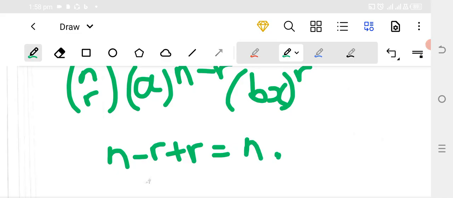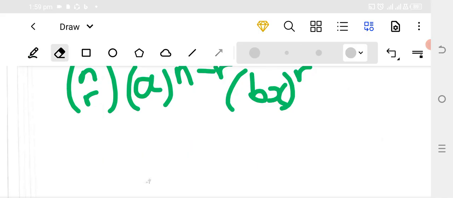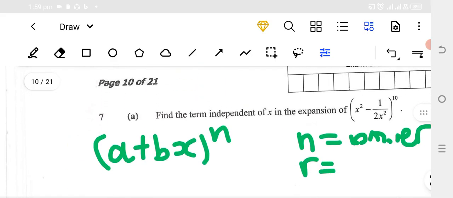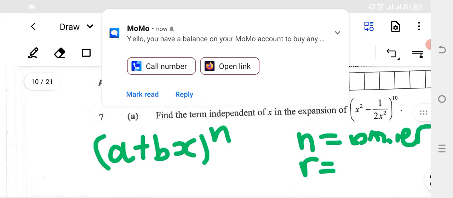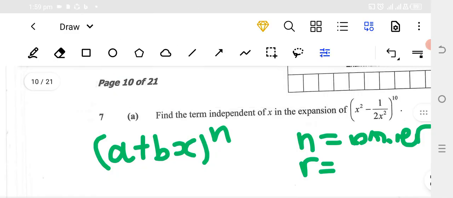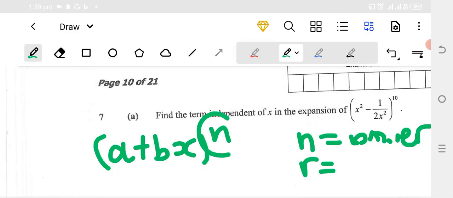If you confirm, the r cancels, so n is equal to n. The powers, when you simplify, should give you this power here.